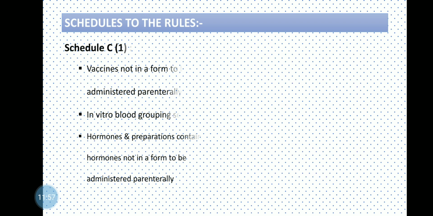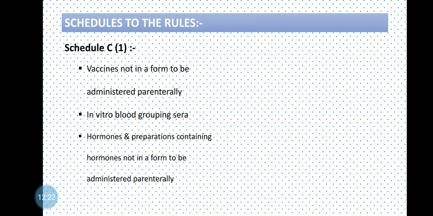Next comes Schedule C1. Schedule C1 is also related with other biological and special products. As in Schedule C, the list of biological products is given. In the same way, in Schedule C1 also, a list of biological products is given. Then what is the difference between Schedule C and C1?